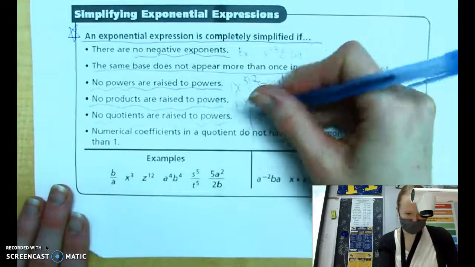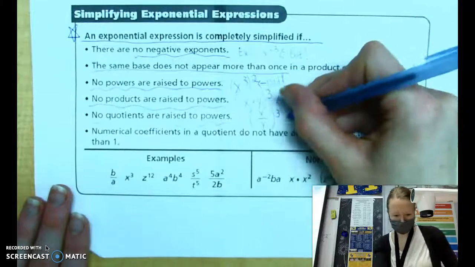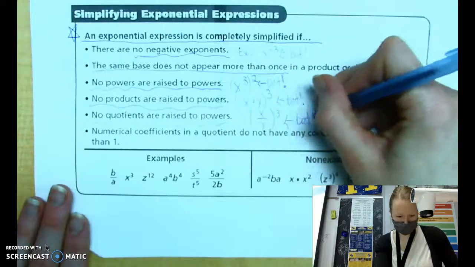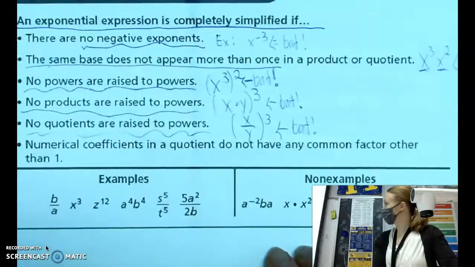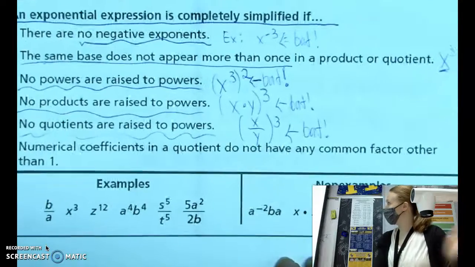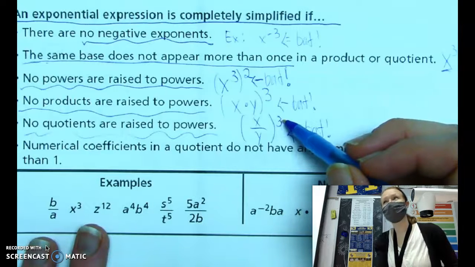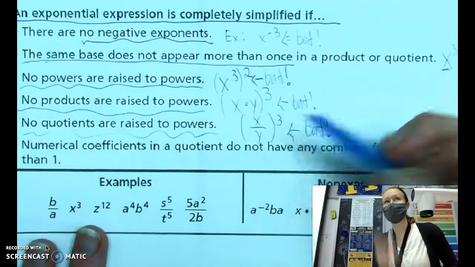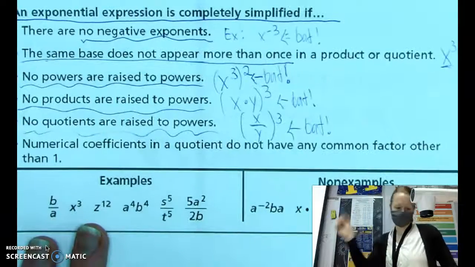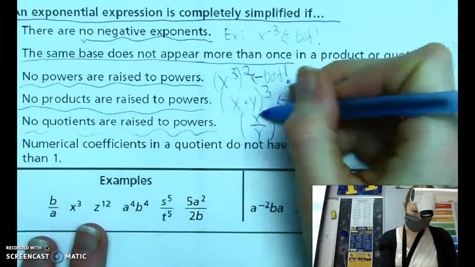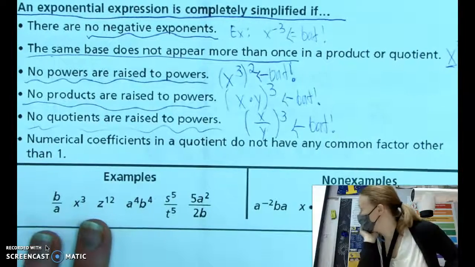So a quotient is like division or a fraction. What do you guys think we would have to do with this 3? I'm going to zoom in a little bit more. What do you usually do with parentheses and there's a number on the outside, Brant? Do x to the third over y. Beautiful. You're going to have to distribute that exponent. And that's one of the properties we're going to be learning today and tomorrow.